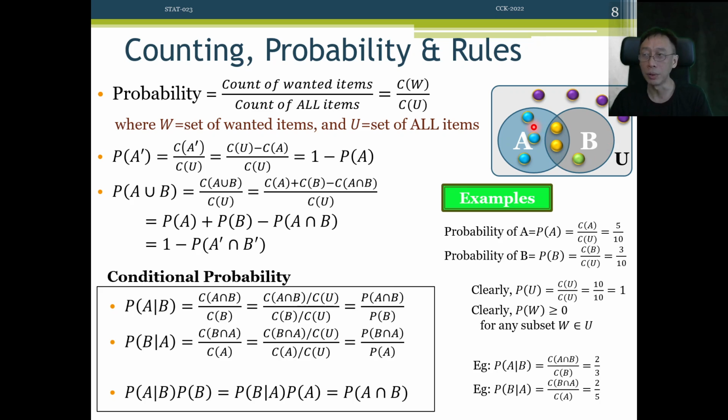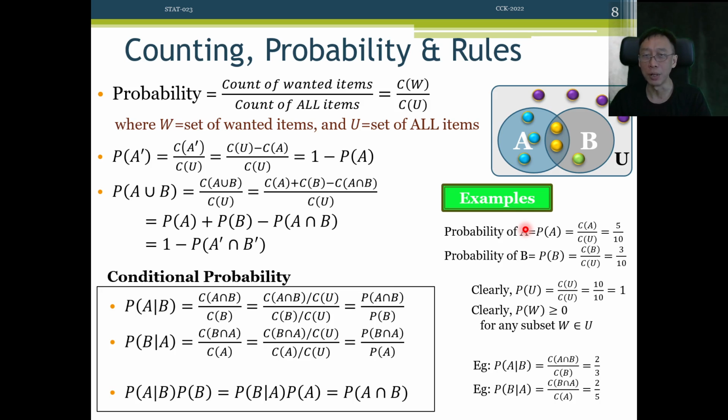So you can see that it applies to many cases, not just about students and height and gender. Here we just generically look at the colors, and we might ask, what is the probability of A? For example, if I close my eyes and randomly put my hand into that Venn diagram box and really randomly select a ball, what's the chance that I pick a ball that is in A?